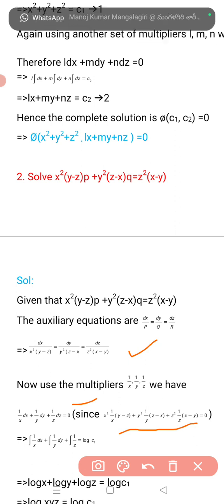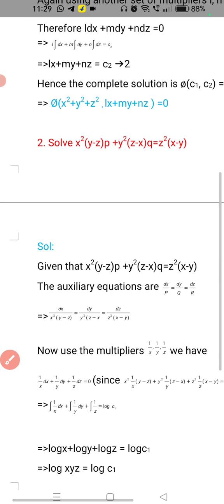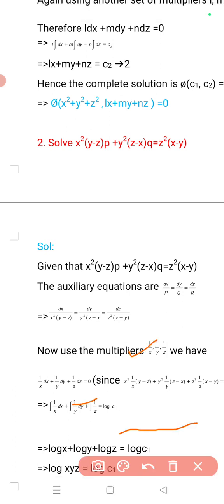So what is the formula for integral 1 by x dx? It is nothing but log x. What is the formula for integral 1 by y dy? It is log y. What is the formula for integral 1 by z dz? It is log z. Here, see, I have taken the constant also in logarithmic form, so that on both sides we will have logarithmic expressions.